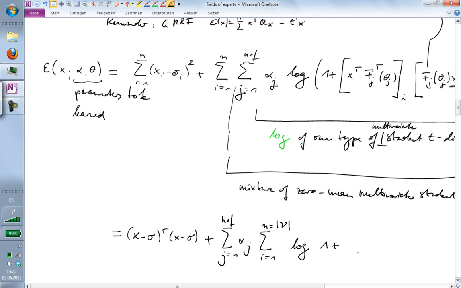So to write it differently, I could say that this is the convolution of filter mask small f with my original image, but I'll stick with this matrix notation here. I say this is fj of theta j applied to x, and we're only looking at the ith element of it and squaring.